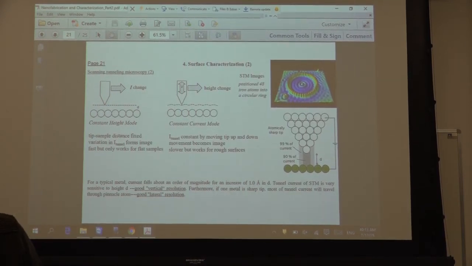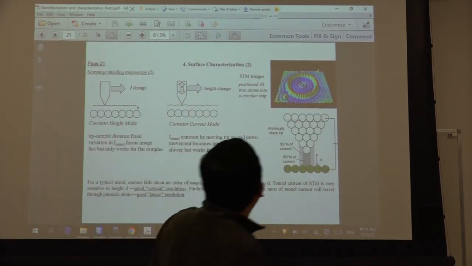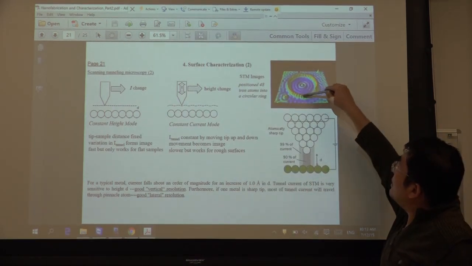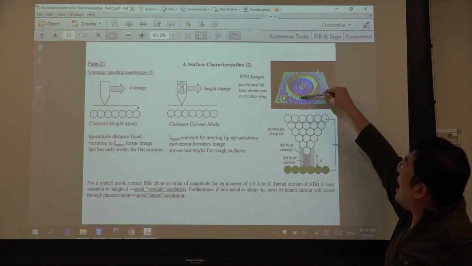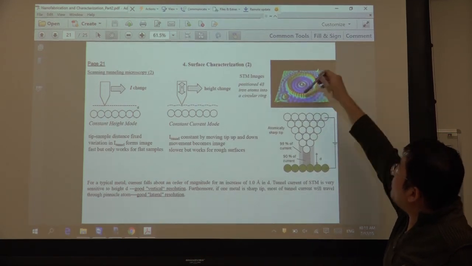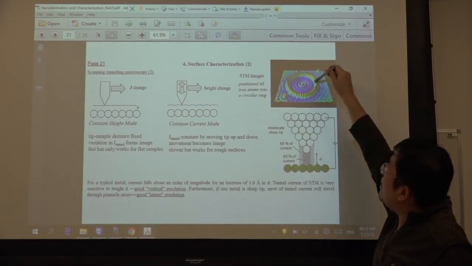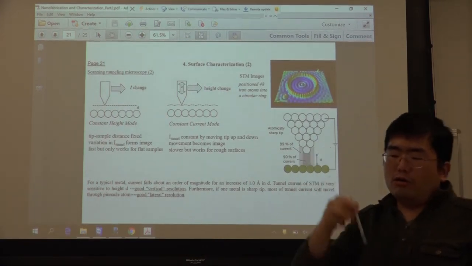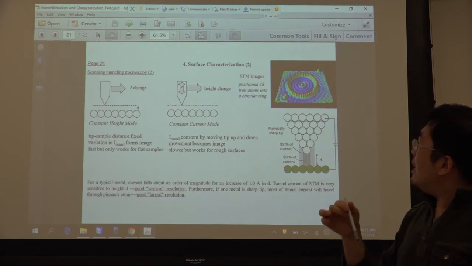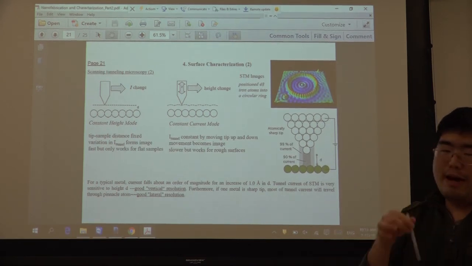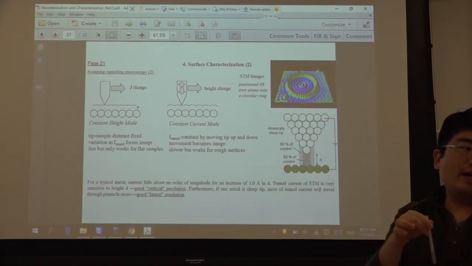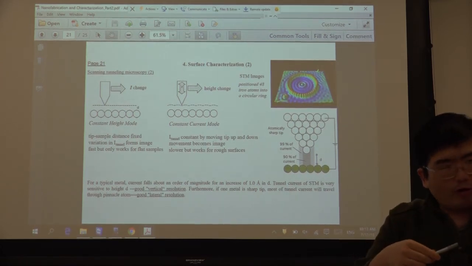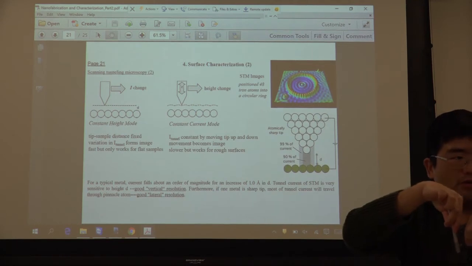This is a very nice STM image. You got a scanning tunneling image. You can see here 48 iron atoms. You can see it has a very high electron density, right? Because the tunneling current depends on the local density of state, which counts the number of electrons at this point per unit frequency.